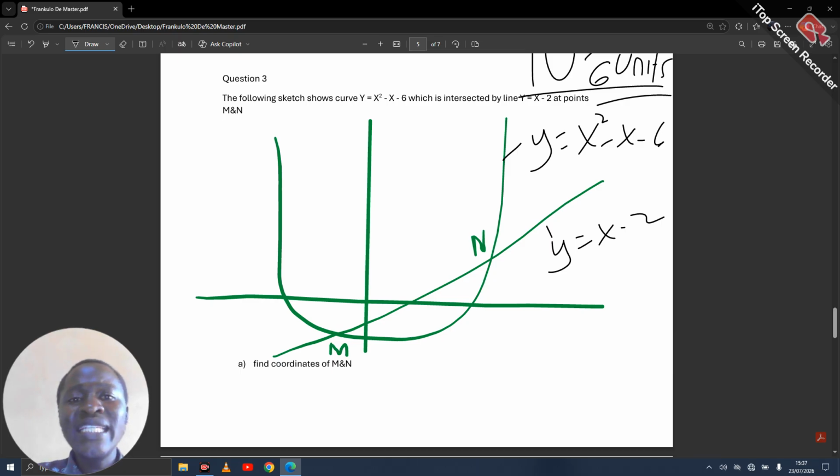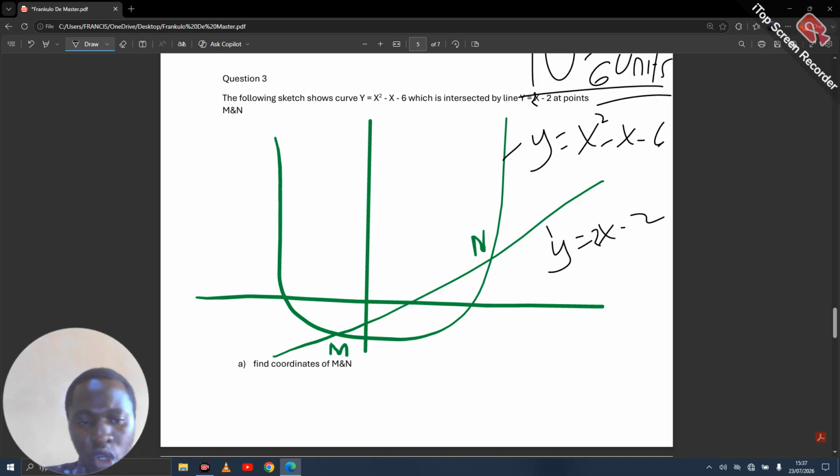The following sketch shows the curve y equal to x squared minus x minus 6, which is intersected by the line y equal to 2x minus 2. I'm sorry, I made this manually. I never got this question from any book. I just made this question, so when I was making this, I think I made a mistake.